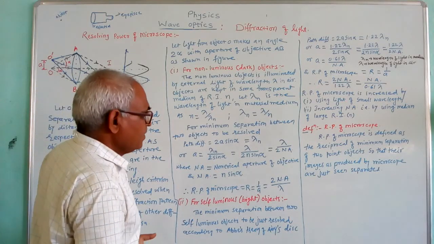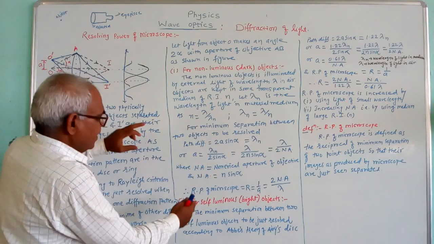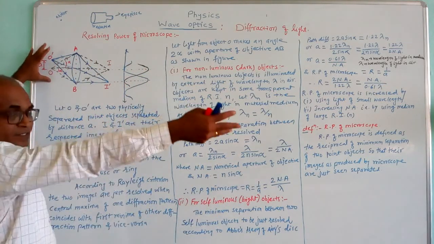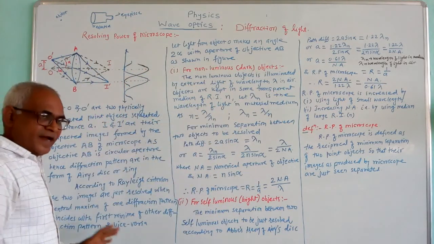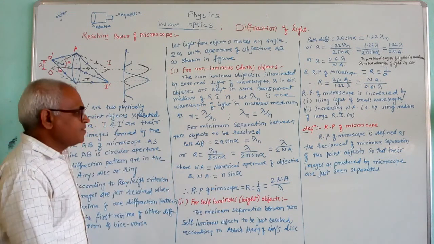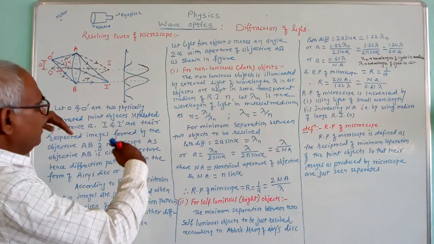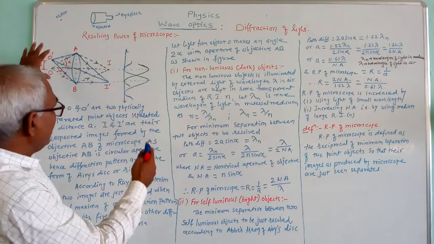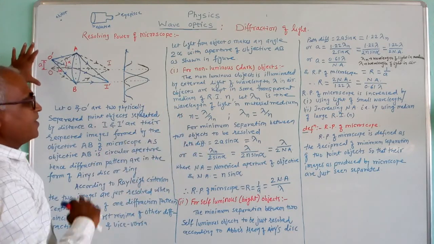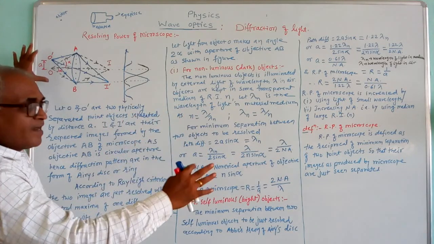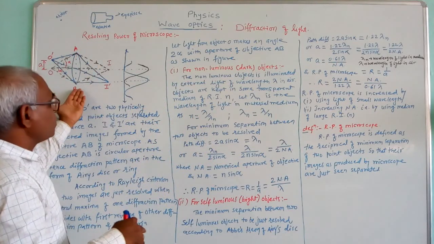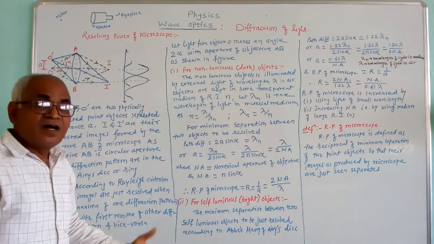That means the refractive index of the medium in which the two objects are kept is large. And here we define the resolving power of the microscope as the reciprocal of the minimum separation of the two objects so that their images as produced by the microscope are just resolved.